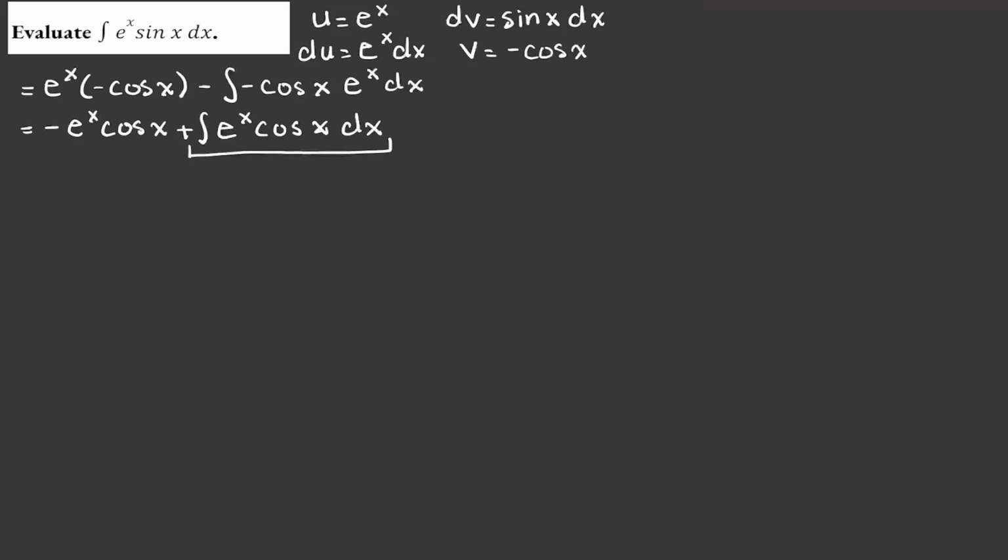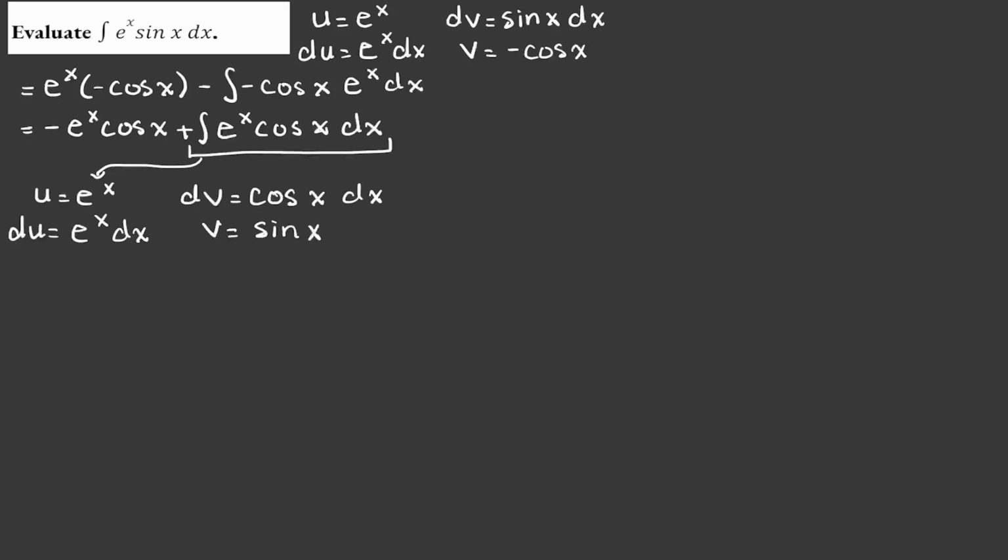Doing some side work, I'm going to let my u equal e to the x, my dv is equal to cosine of x dx. Now here my du is equal to e to the x dx, and my v is going to equal sine of x.